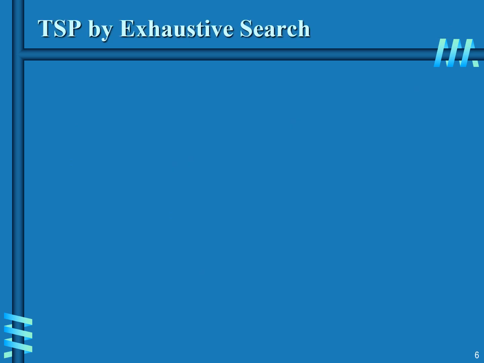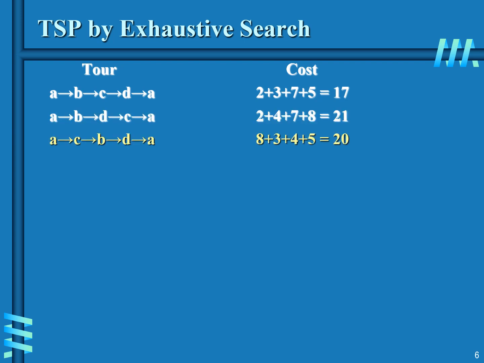How can this problem be solved using exhaustive search? Exhaustive search says you have to generate all the combinations. Starting at city A, you can visit the next city B, then C, from C to D, and then return to the starting city A. You find the total cost of the edge distances A to B, B to C, C to D, and D to A. The cost is 70.